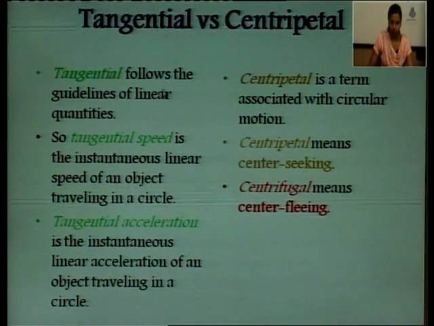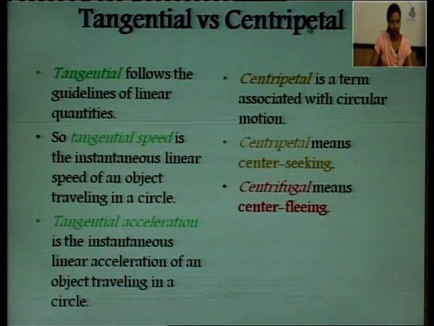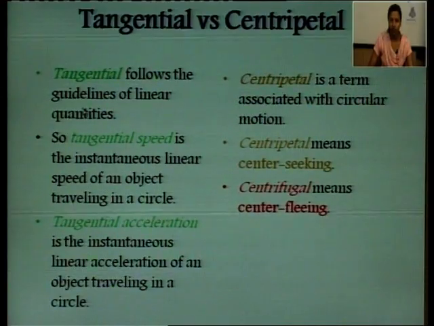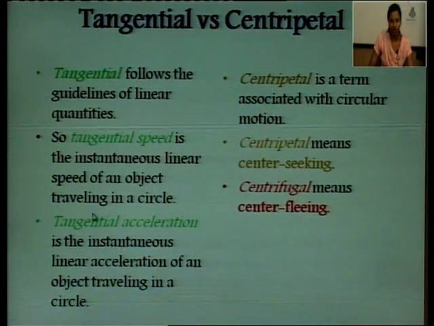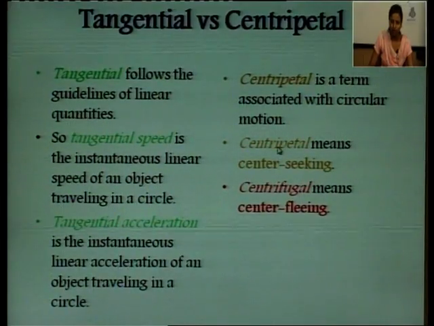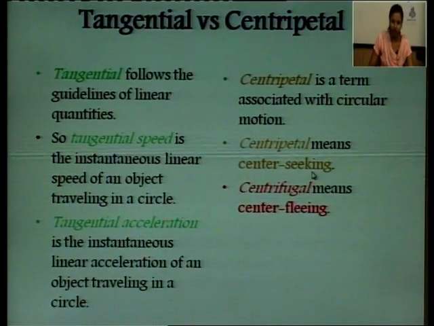Now we will discuss the difference between tangential and centripetal. We already know tangential follows the guideline of linear quantity, but centripetal is the term associated with circular motion, and tangential speed is the instantaneous linear speed of an object travelling in a circle. But the centripetal force or centripetal acceleration is always towards the center.